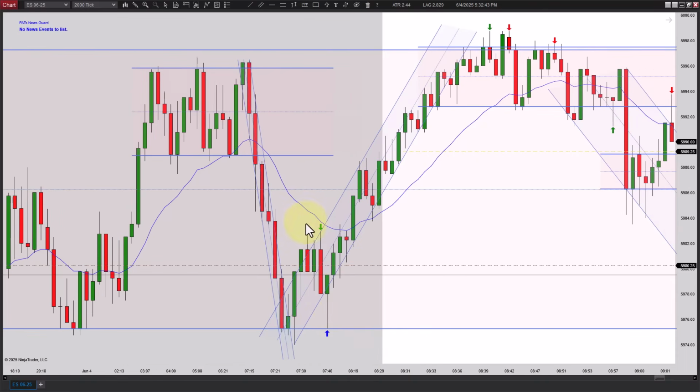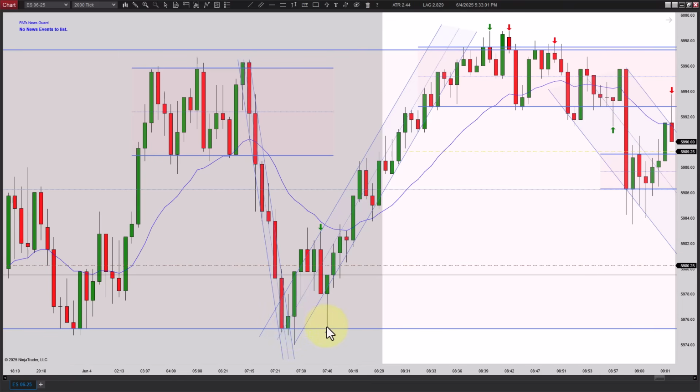Actually, before that, you get a second entry short. The reason that one's green is because we've already gone from the highs to the lows.